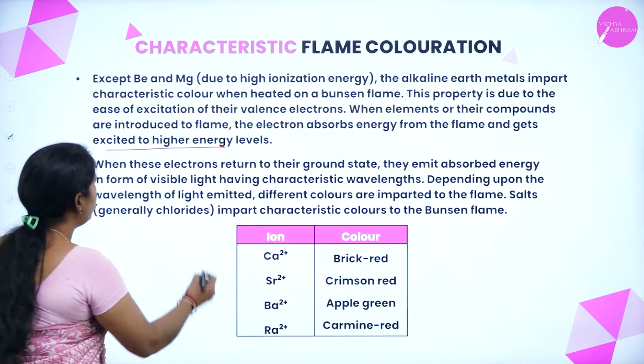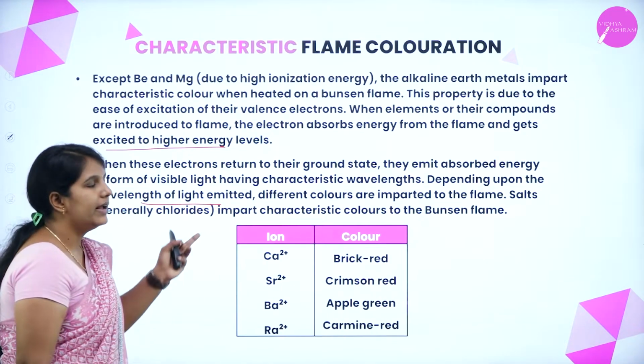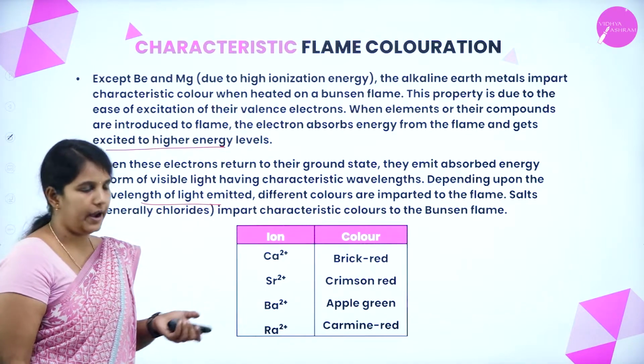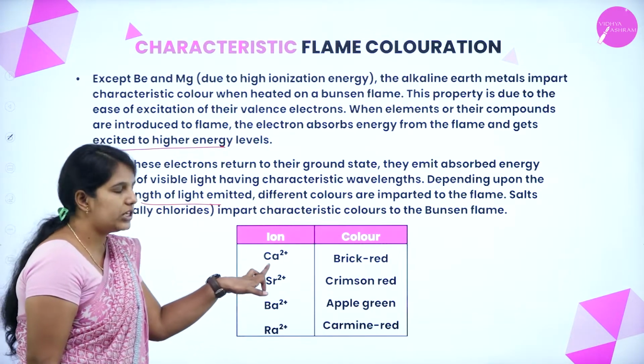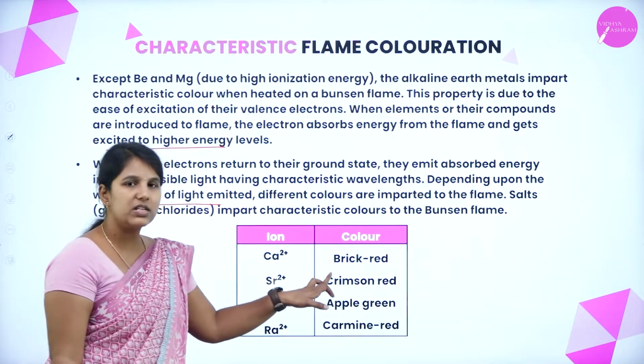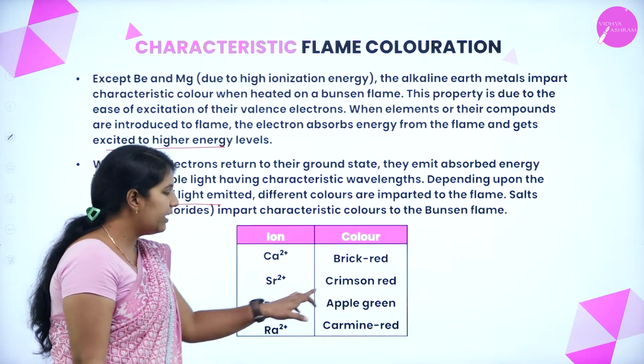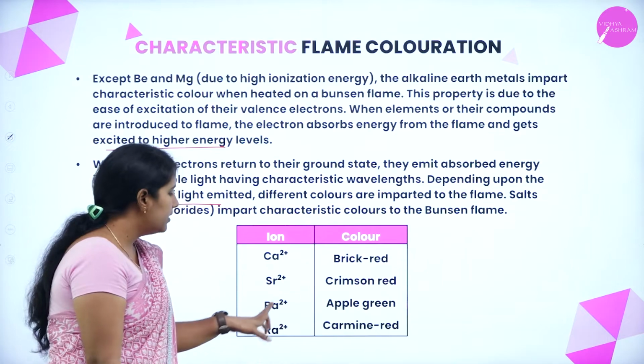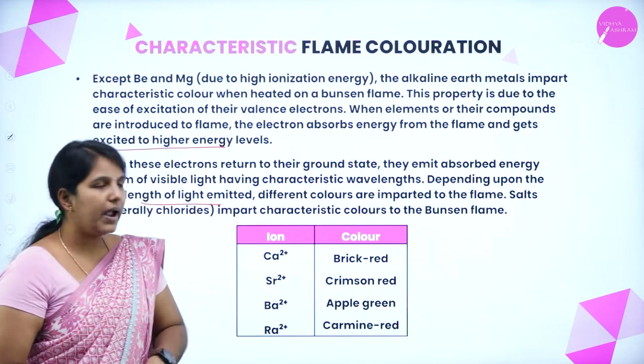Depending upon the wavelength of the light emitted, different colors will be obtained. The best example is calcium, which gives a brick red color with the flame, strontium which gives crimson red, barium which gives apple green, and radium which gives carmine red.